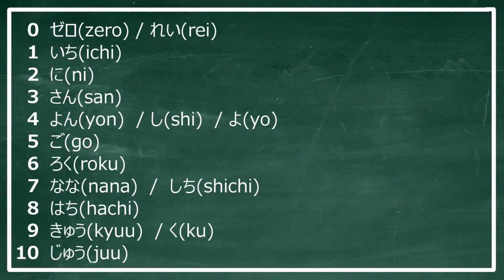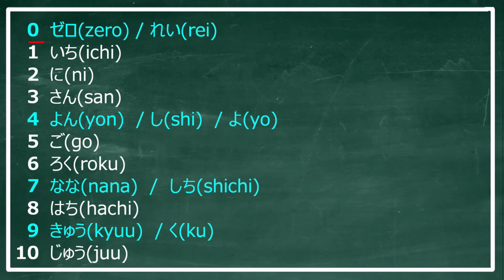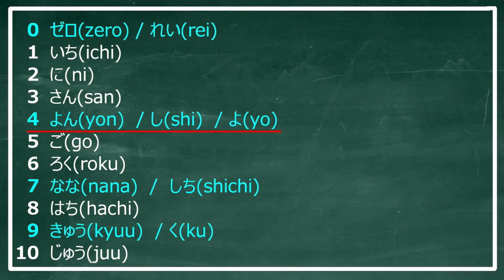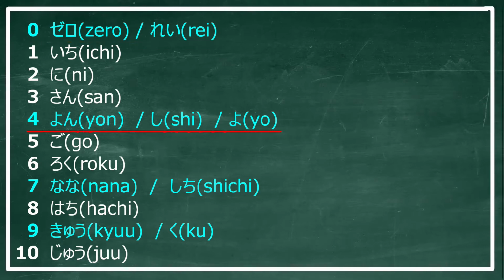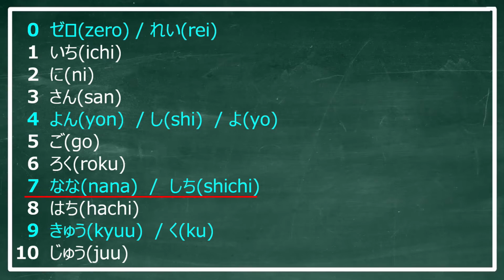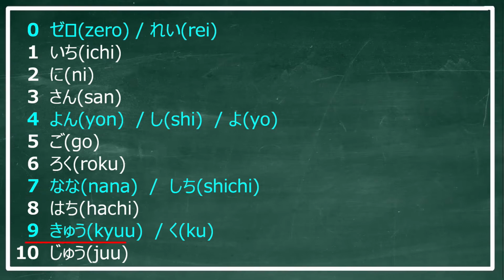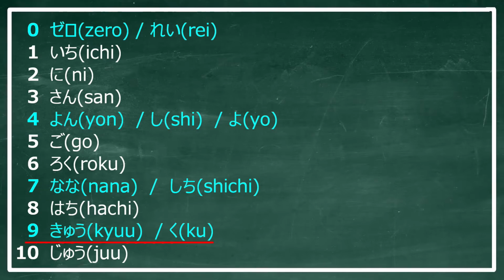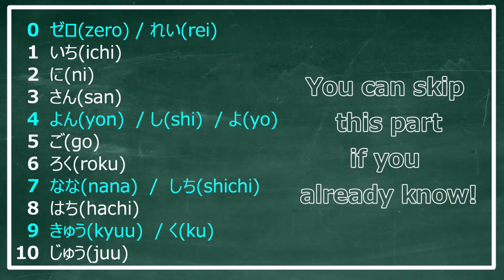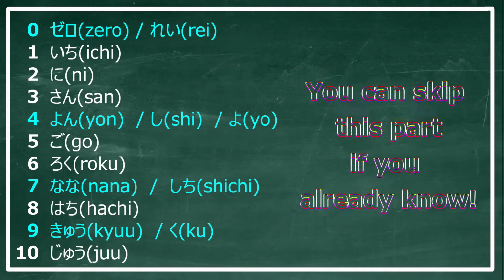As you can see, there are a few ways to count 0, 4, 7, and 9. Here is how you can count numbers. Please skip this part if you already know.